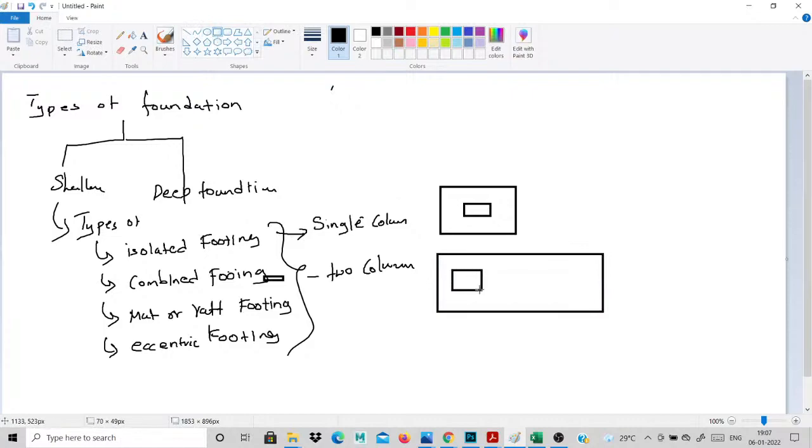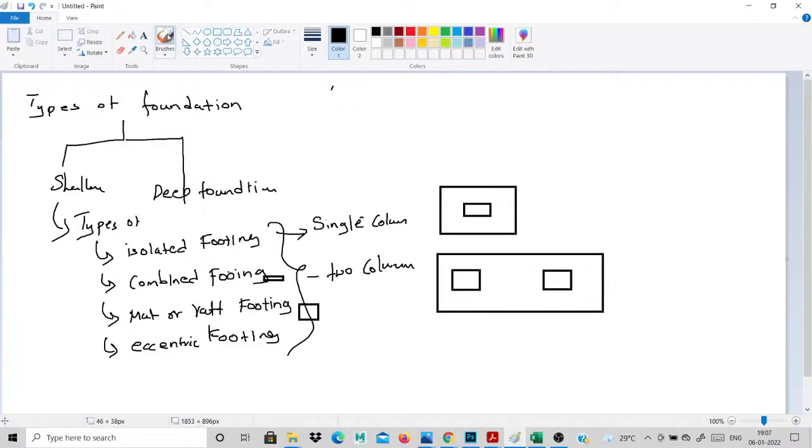So the isolated footing is a single column acting on a pedestal, and the combined footing has two columns acting on it.